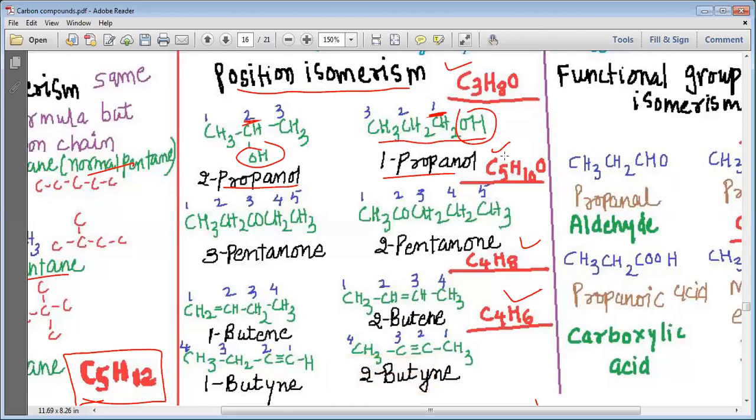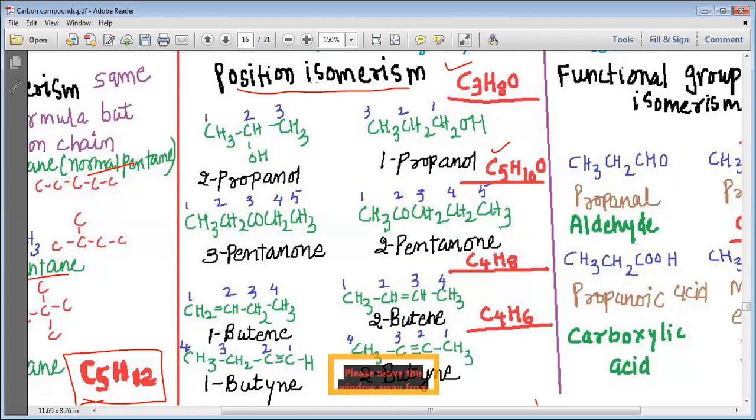Both have 3 carbons, 8 hydrogens and 1 oxygen, and that is why 1-propanol and 2-propanol are called position isomers. In the same way, my dear students, in the case of pentane, you can have the OH group present on the third carbon, or you can have the OH group present on the second carbon. If the OH group is present on the third carbon, we call it 3-pentanol.